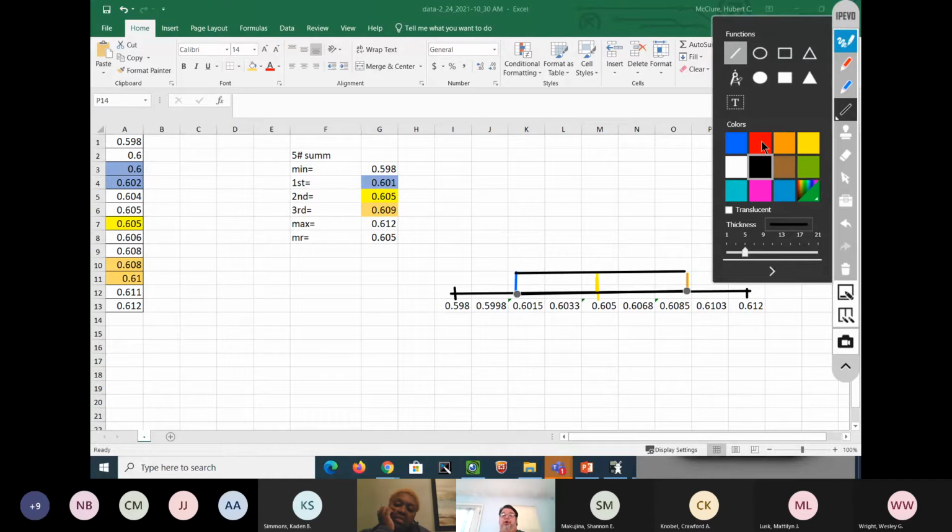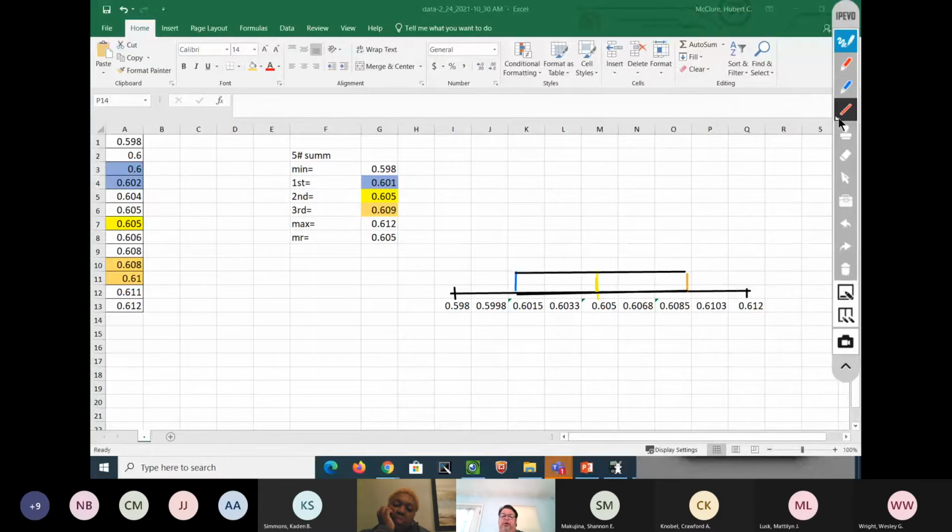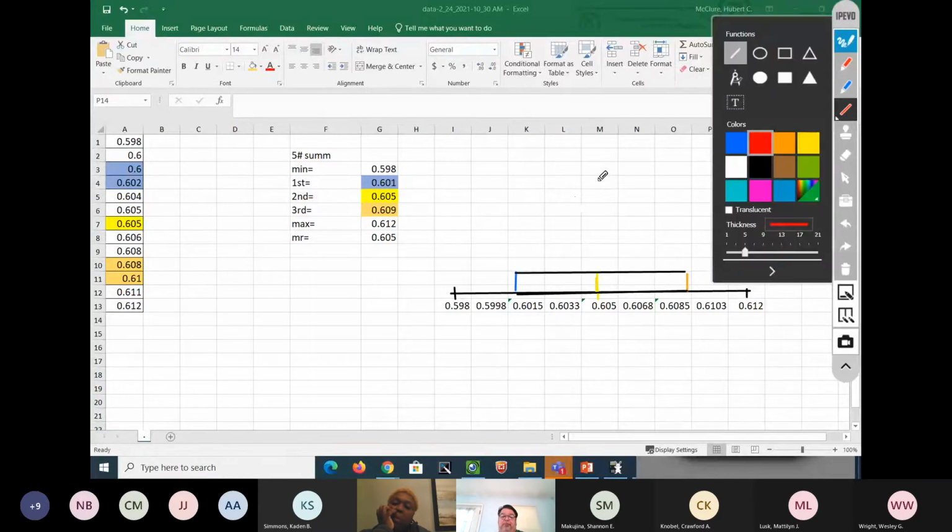And where is the center? C-E-N-T-E-R. It's about right in there. So what kind of distribution do we have here? It would be symmetric, yes, because the middles are lining up.